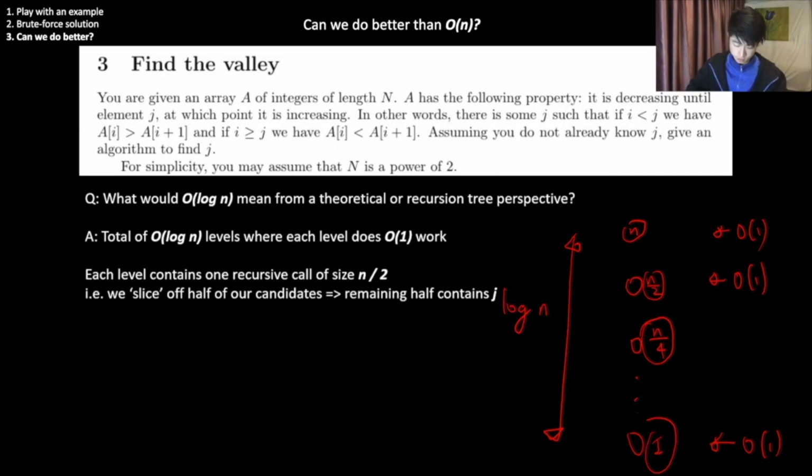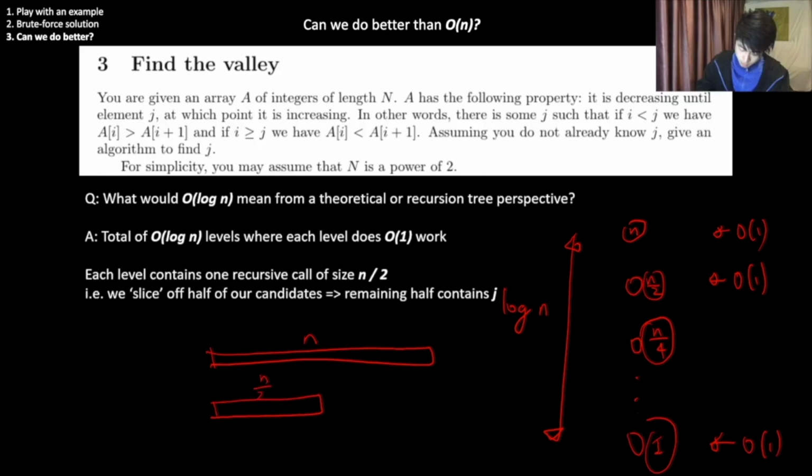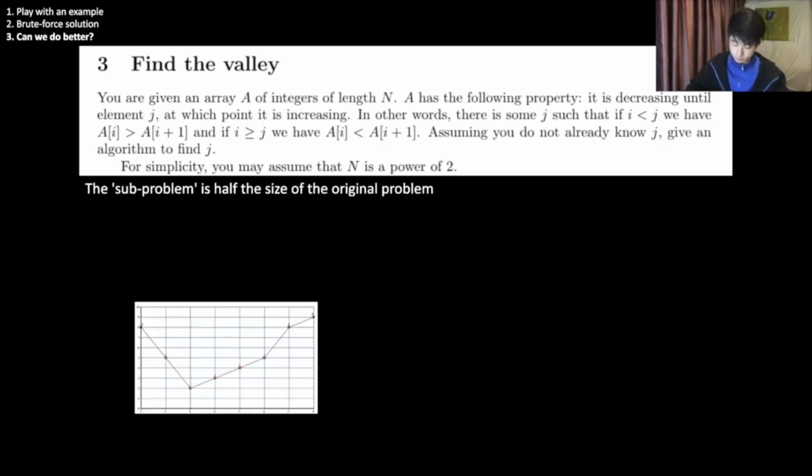The idea is that you start off with something of length n, and then you generate a subproblem of length n over 2, and then another of n over 4, etc. So basically you just keep slicing by half each time.